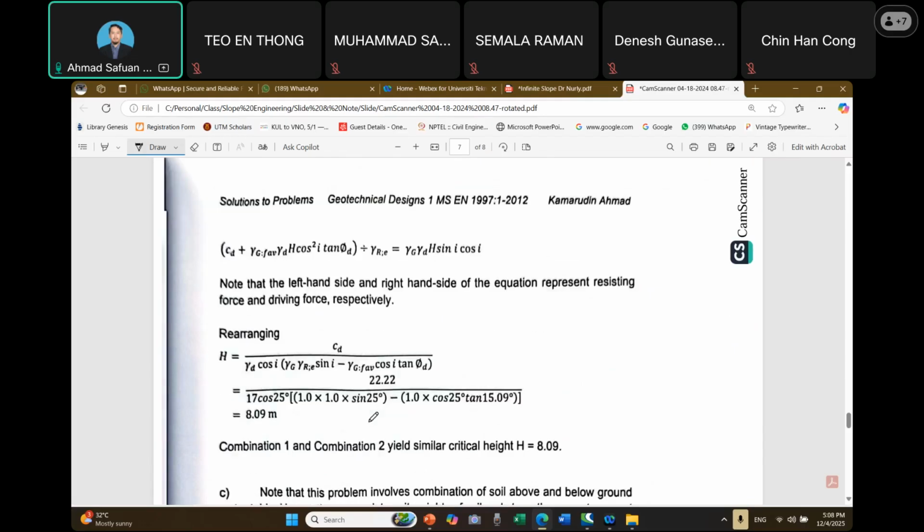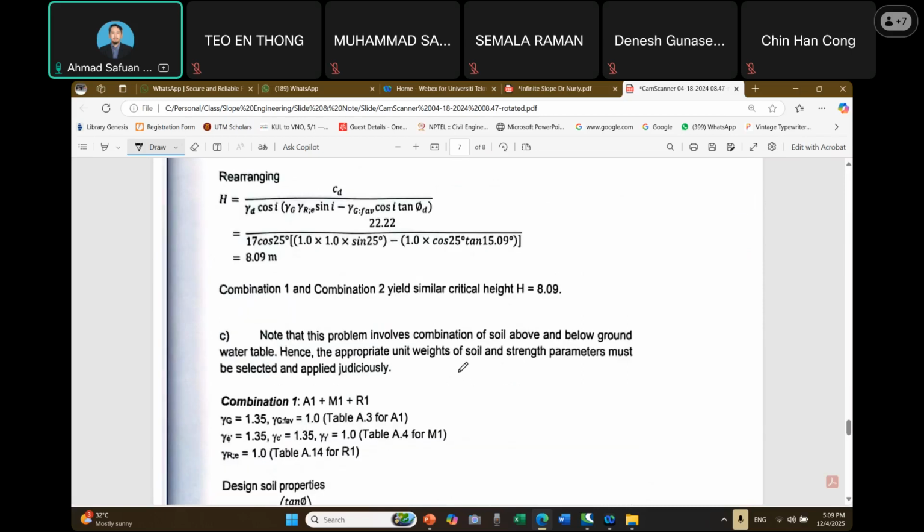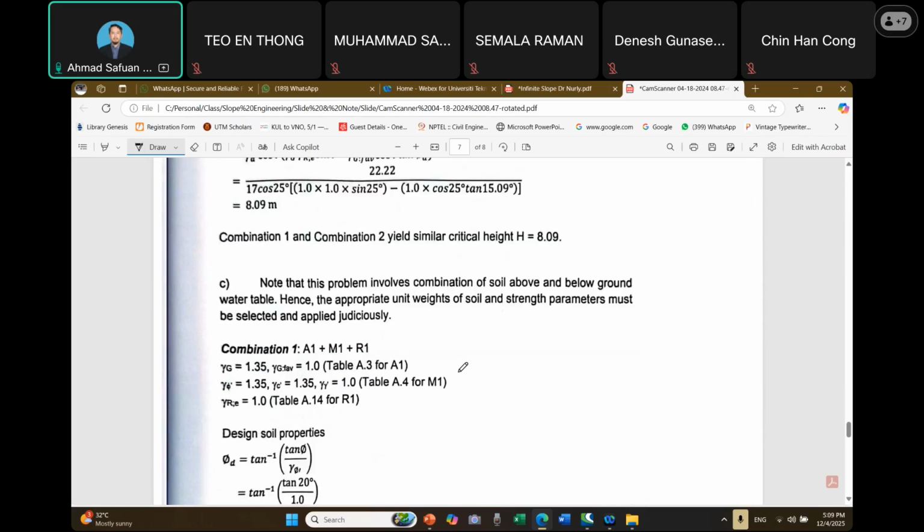Then we also obtain 8.09. So combination 1 and combination 2 yield similar critical heights, which is 8.09. So that is for question B. Now we go to the last example, question C.